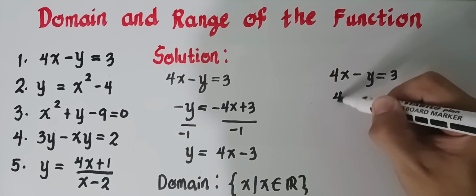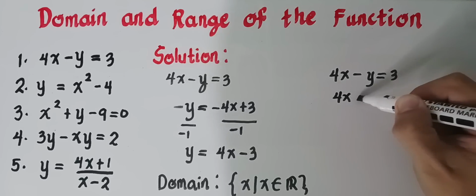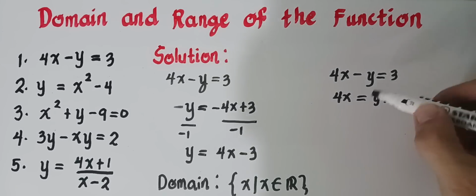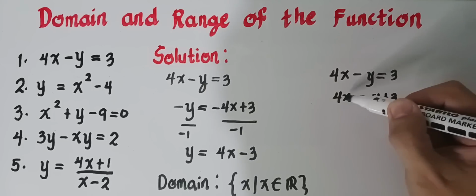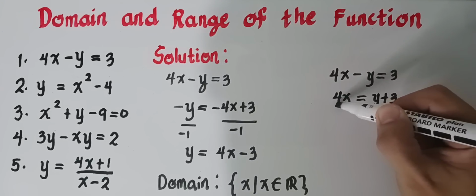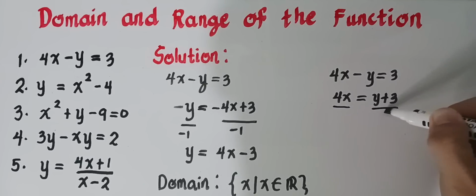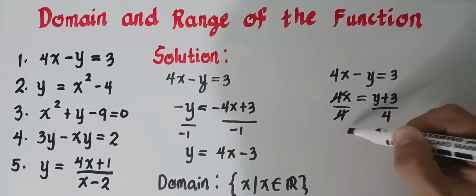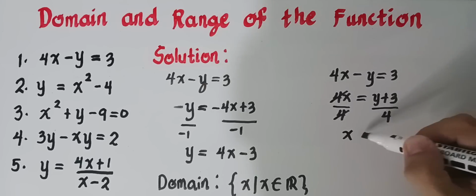So magiging 4x is equal to y plus 3. And then, syempre, we have numerical coefficient for x. For a variable x, so we need to divide by 4. Yan. So, cancel. So, x ang natira.